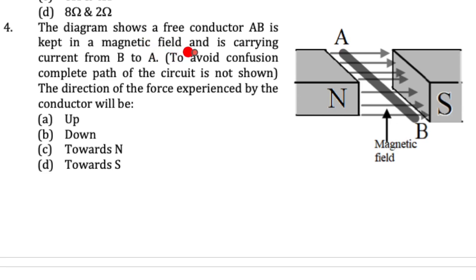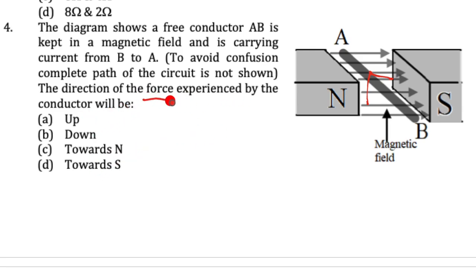The diagram shows a free conductor AB is kept in a magnetic field and is carrying current from B to A. So the direction of the current is like so, which is into the plane of the paper. To avoid the confusion, complete path of the circuit is not shown and direction of the force experienced by the conductor will be.